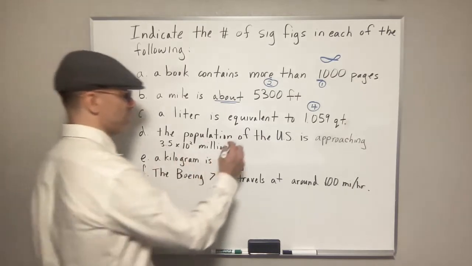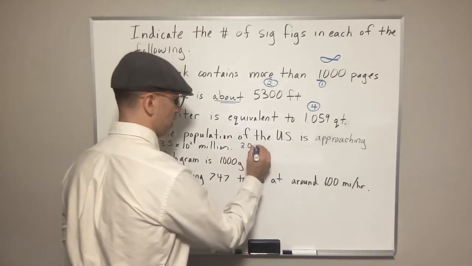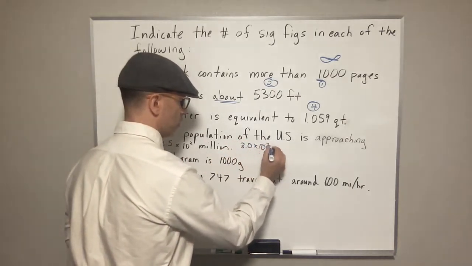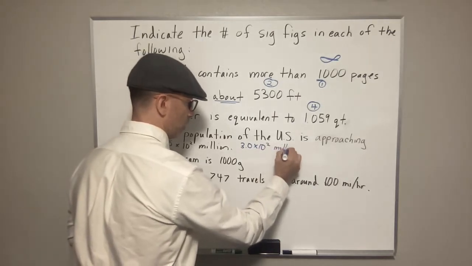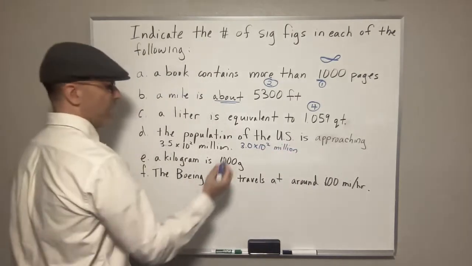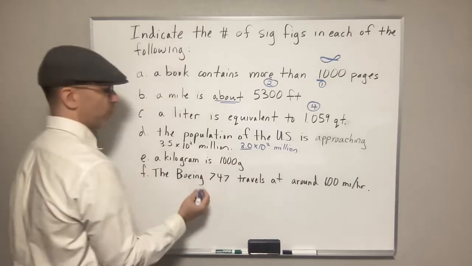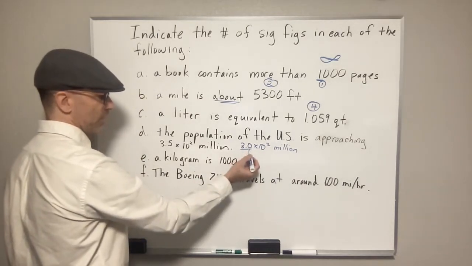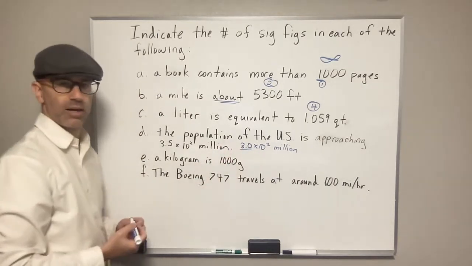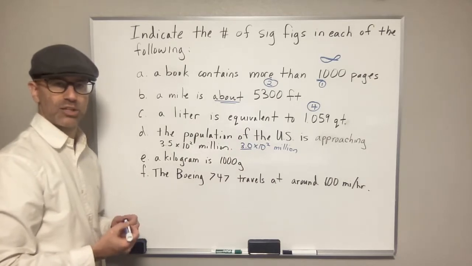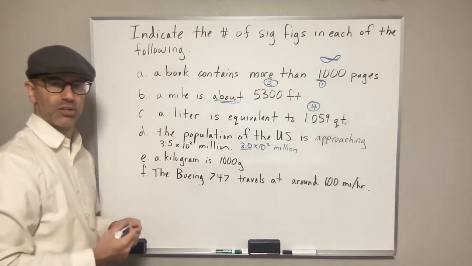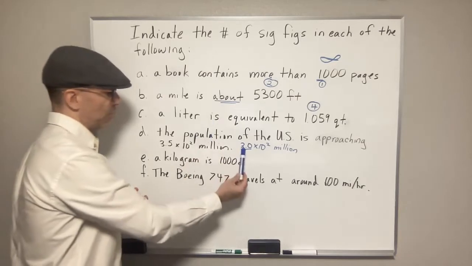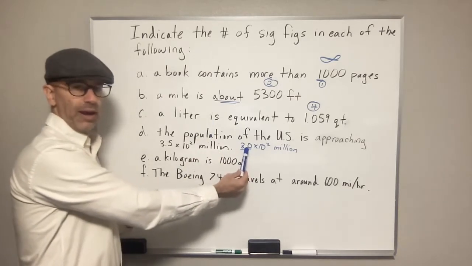If this was, for example, 3.0 times 10 to the 2 million, it would still be two significant figures because that zero is significant because it's part of the scientific notation. It's given to you in scientific notation. Also, you notice there's a decimal point there.